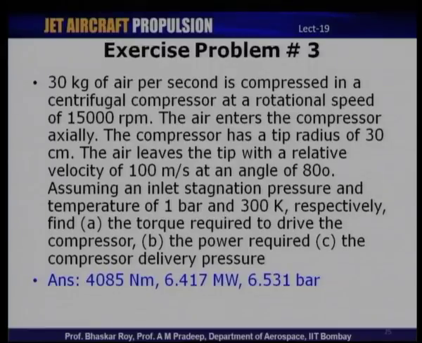So, here in this question part A and part B are very much related. Torque required and power required are quite straightforward, and the mass flow rate is specified, the speed of rotation is 15,000 rpm, and the compressor tip radius is also given. For the outlet velocity triangle we have the relative velocity and also the angle it makes with the outlet, which is also specified.